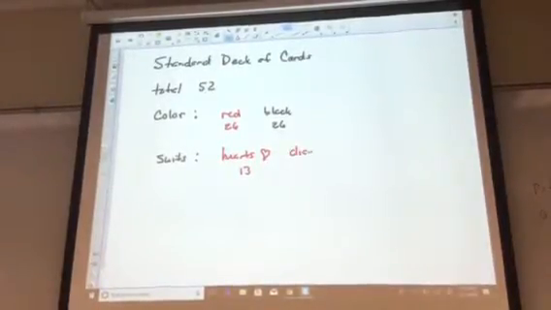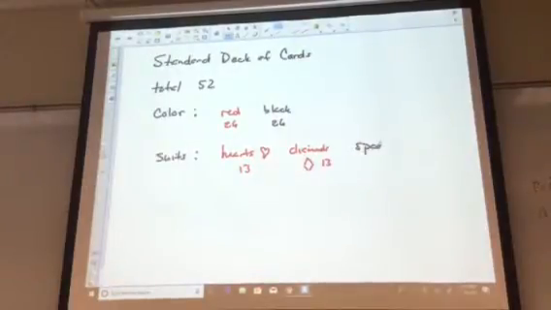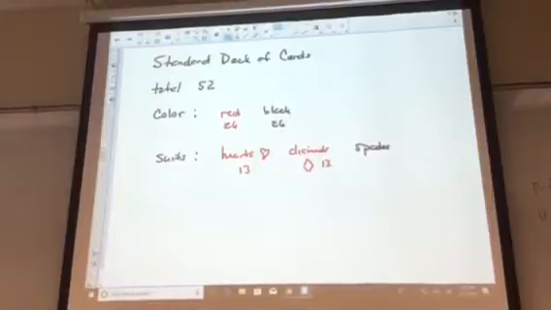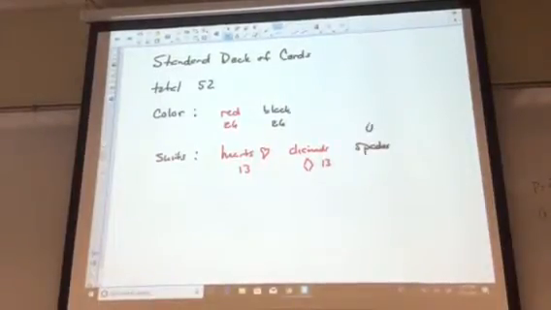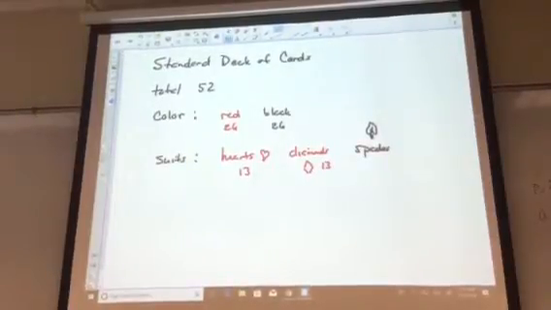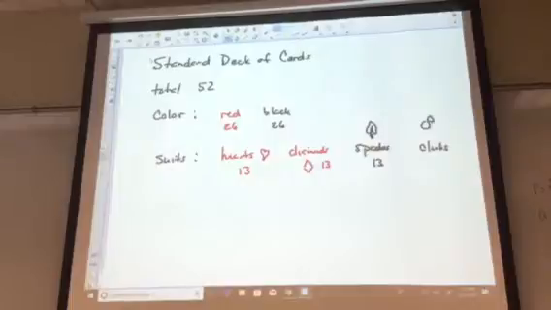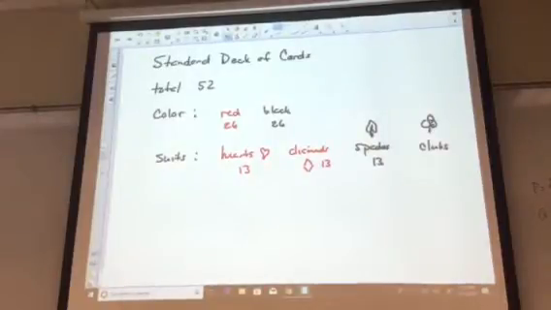Diamonds, which means that there are going to be 13 of those. Spades, which looks like a heart drawn upside down with a stem on it. I have no artistic ability. Which means there's 13 of those. And then we have clubs, which look something like that, which means we have 13 of those.